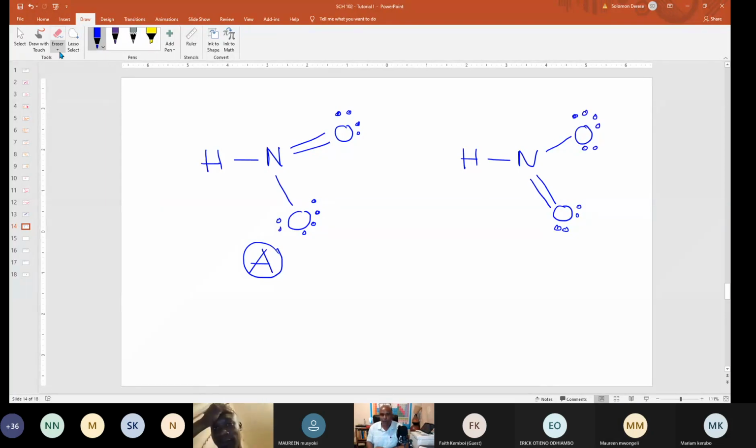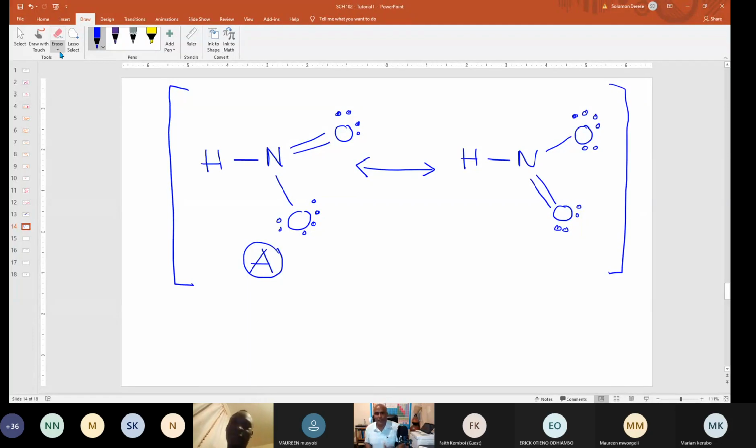Okay. Of course, these are resonance structures. You have to use this double-sided arrow, and then you have to draw their structures in a square bracket like this to say that none of these are real. The actual structure is the hybrid of this, the average of this.